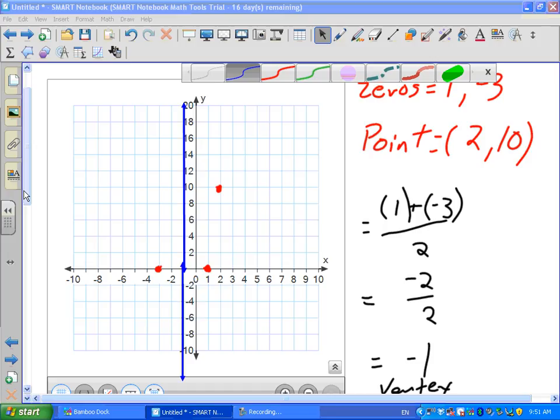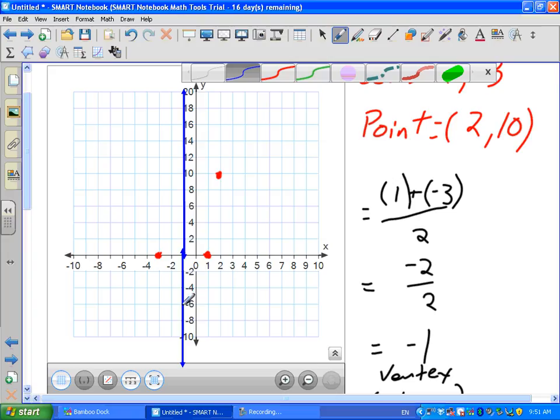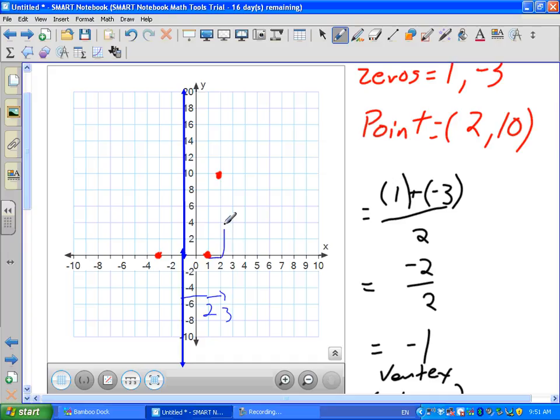Remember, our vertex is here. So this is 1, 2. So this is 2 points over from the vertex. The only movement we know about is going from 2 to the third. So we go over 1 and we went up 10.